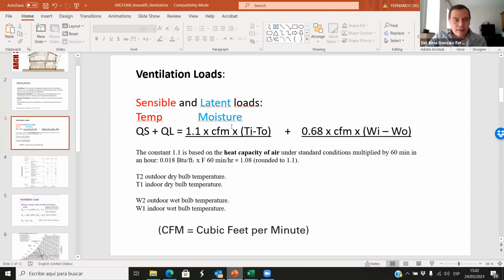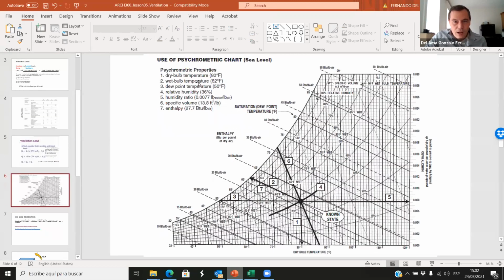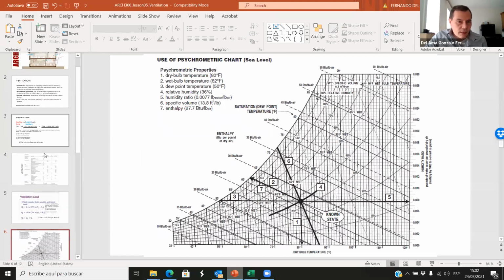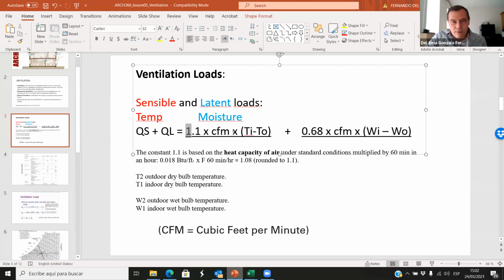You need to understand that everything is related, and we can use different values or different parameters of this psychrometric chart because they are all related by this. And then the formula will change. Well, this is the formula that we have been using for 2 years for the sensible and latent loads. I don't want to make things more complicated in this course, so we will be using the same formulas.